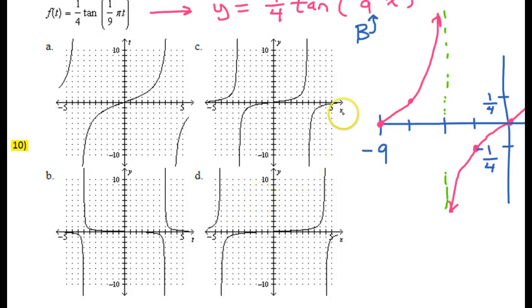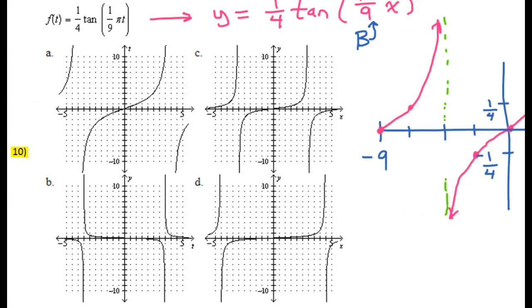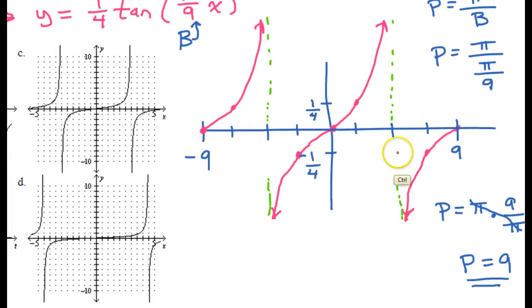Well, it looks like these graphs don't extend all the way to negative 9 and positive 9, like they're being cut off. It goes off the grid. So we'll have to use the numbers that we have. So let me go ahead and add in the asymptote. So obviously if this is 9, then halfway would be 4.5.